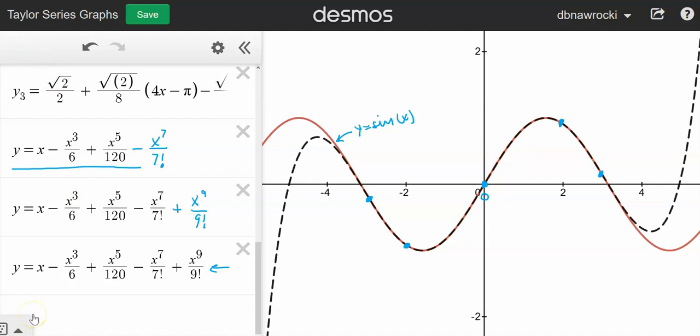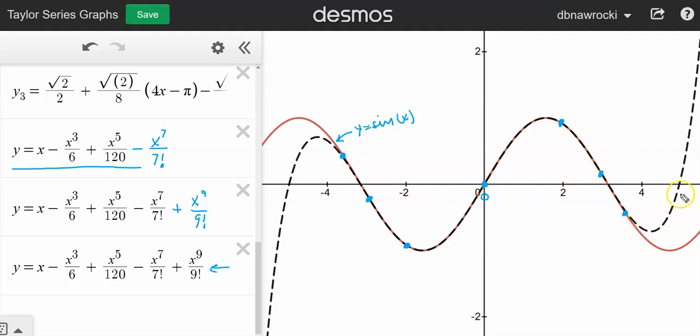So right there it is. And you notice that it is a little better approximation further away from our base point A, about which we expanded, than either the 5th or the 7th degree Taylor polynomial approximation. So those are pretty good approximations, you can see, for a certain distance away from the base point about which you expanded.